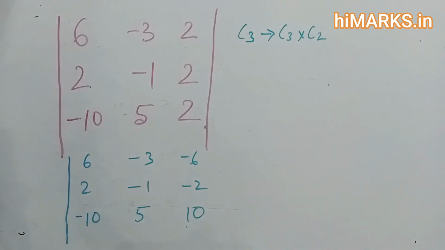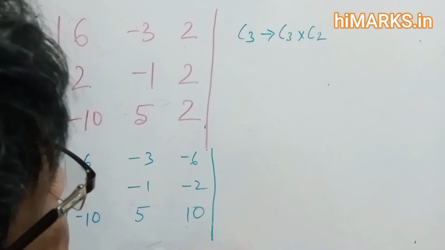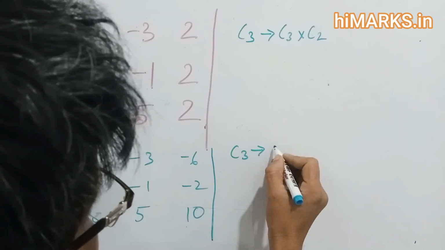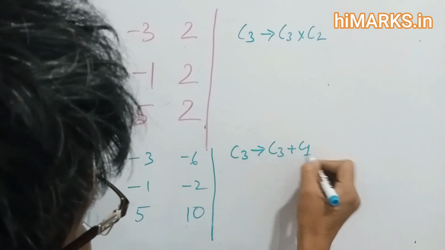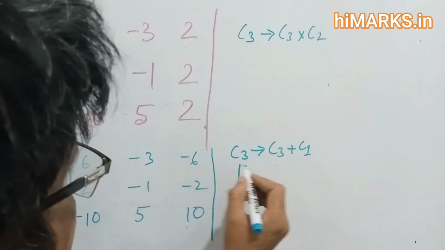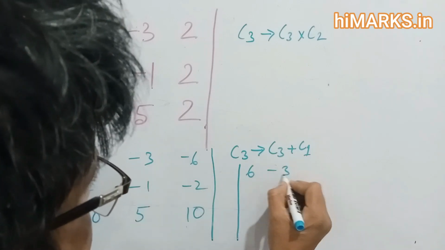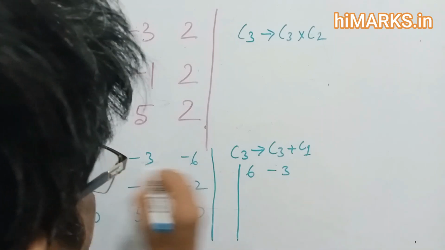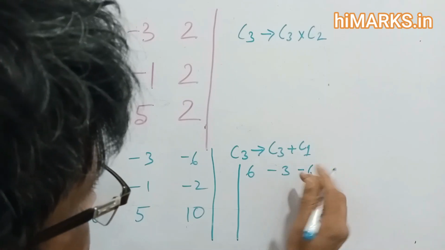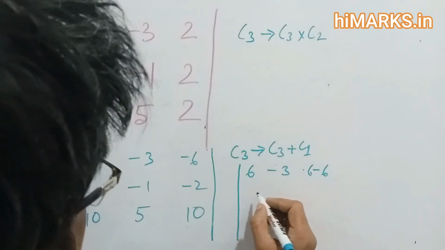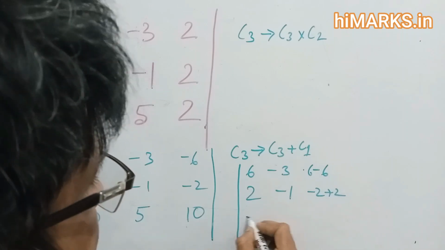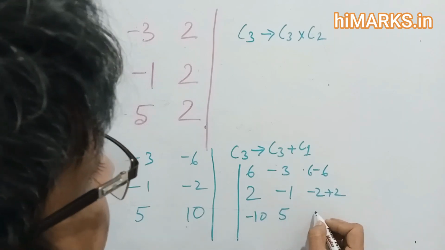Now after this, if we do C3 equals C3 plus C1, we end up with 6 minus 6, 2 minus 2, and minus 10 plus 10, so 2 minus 1, minus 2 plus 2, and minus 10, 5.